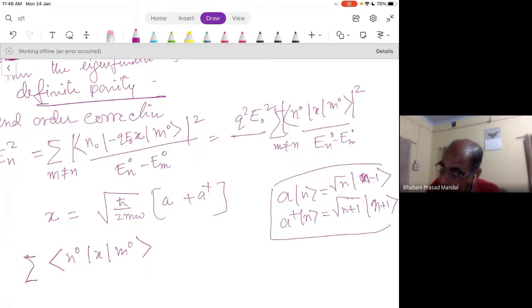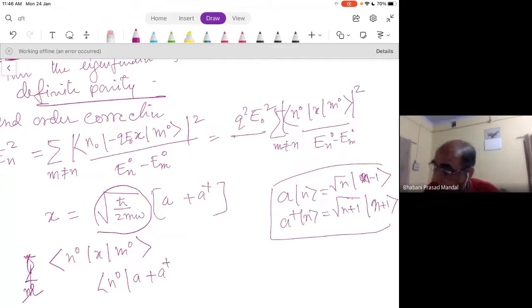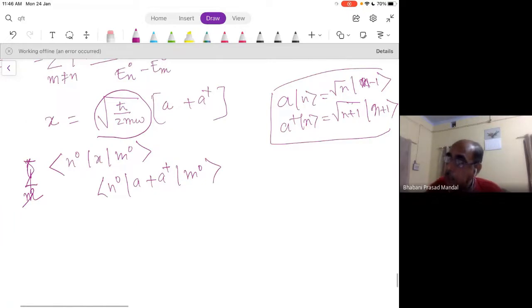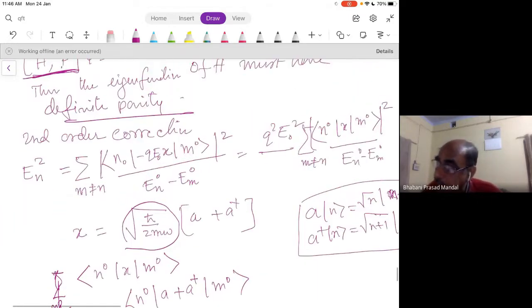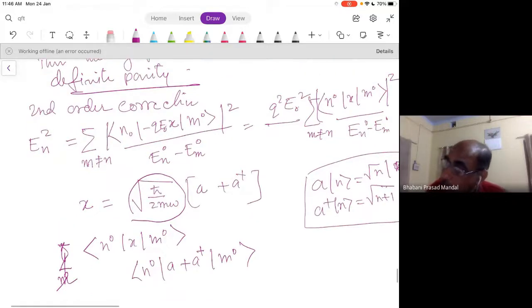Keep this factor outside, and I will just write n0 a dagger m0. The outside factor is q squared E0 squared, then h by 2m omega, right?